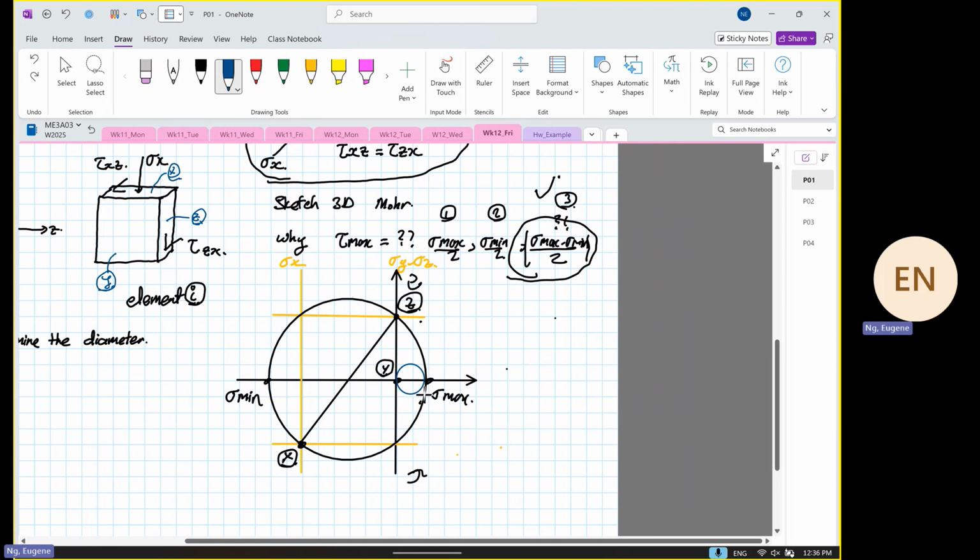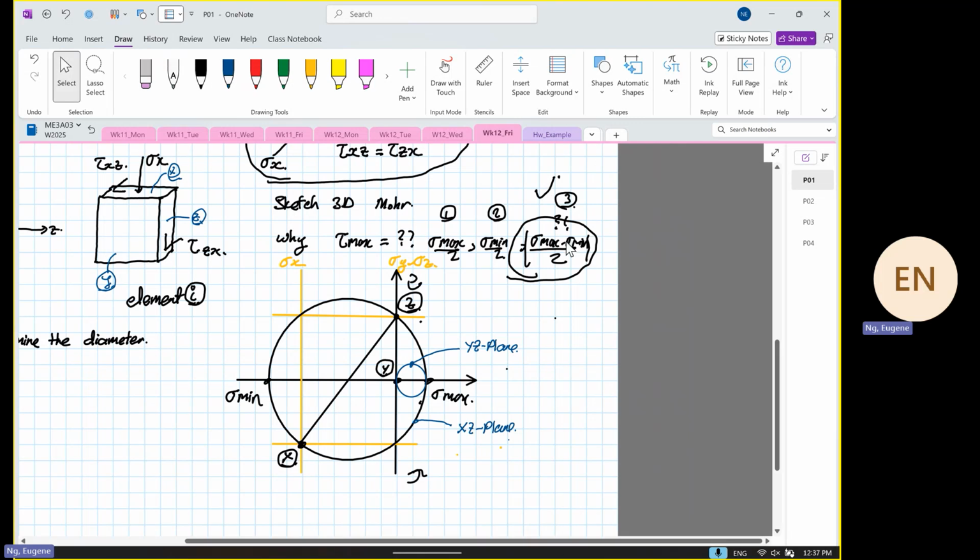We have another circle over here, and that circle that we just sketched belongs to our YZ plane. The first one is our XZ plane.